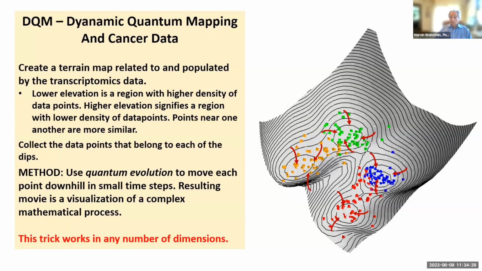The way it works is, let's use something like PCA to map the data out in 2 or 3 dimensions for an example. And what DQM does is create a terrain map, a function basically, that when you map it, the lines on this figure are equal height lines.